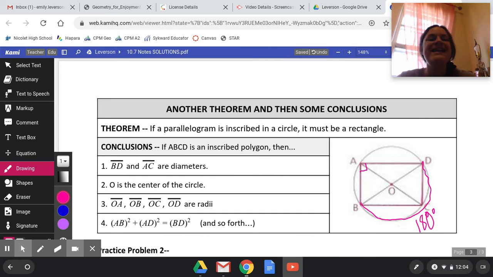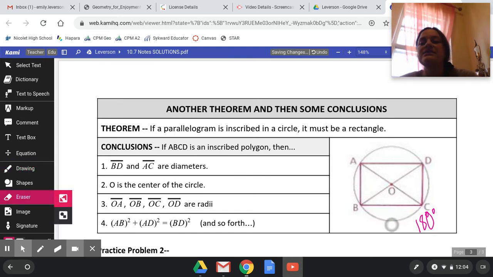So I know that if I have a parallelogram inscribed in a circle, then that parallelogram is a rectangle, and its diagonals are diameters. I know that O is the center of the circle, and I know that all of those portions of diameter, like OA, OD, OB, OC in the diagram, are all radii.